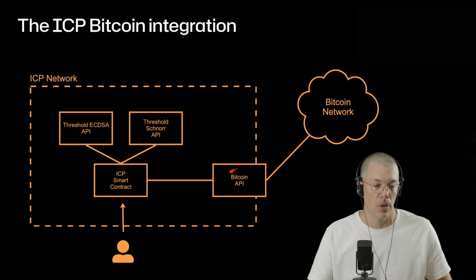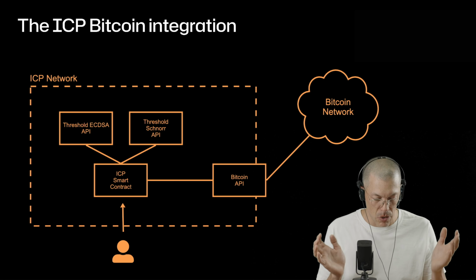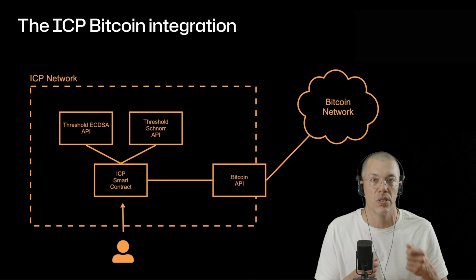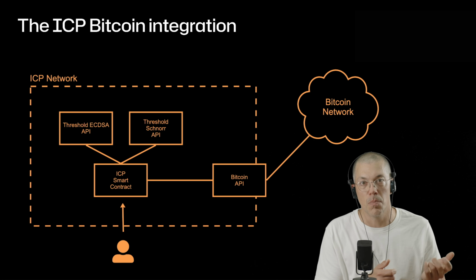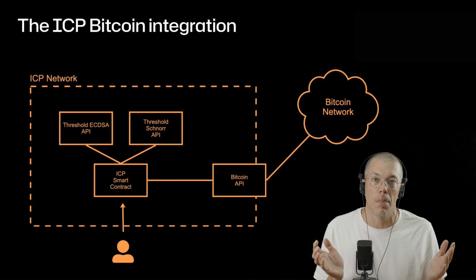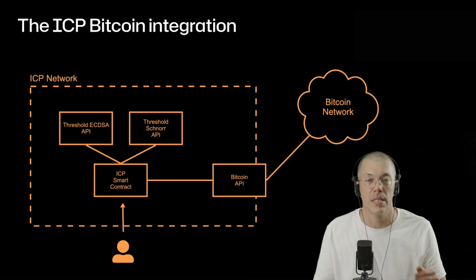The second key component is the Bitcoin API. It sits on the border between ICP and the outside world. The nodes in an ICP subnet fetch the latest blocks from Bitcoin and make the information available to smart contracts on the inside, on ICP.